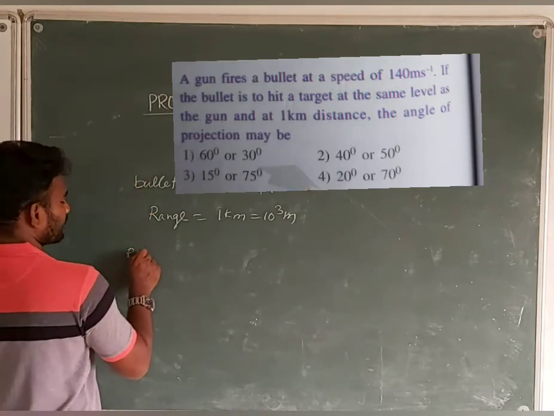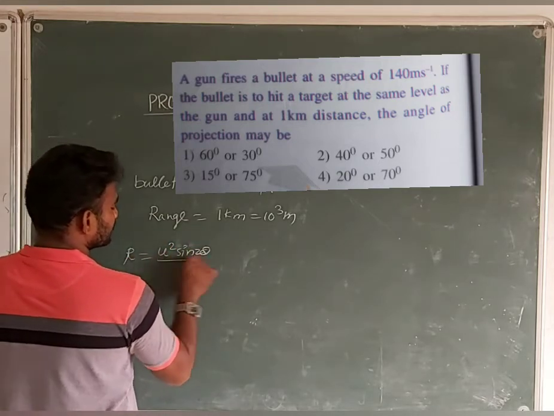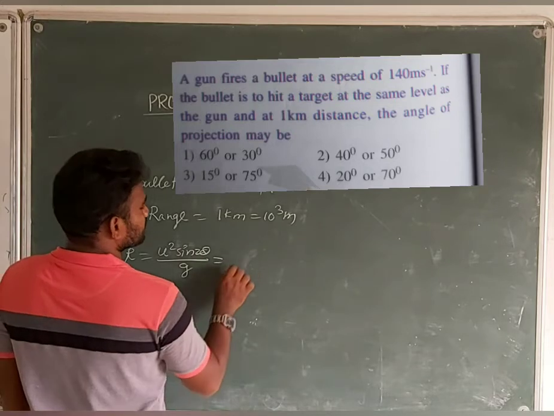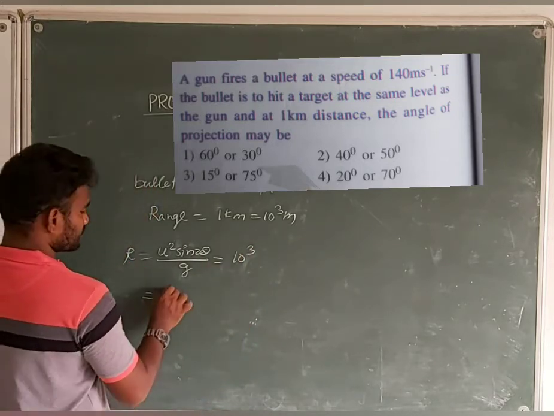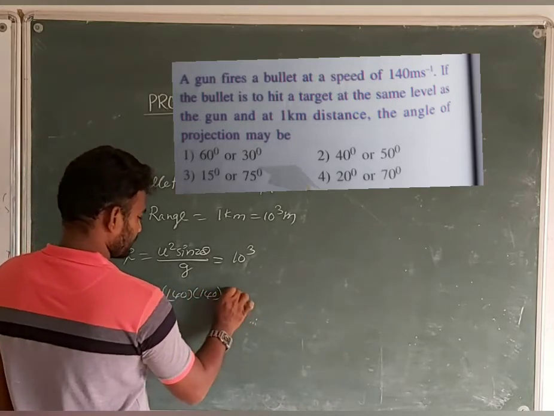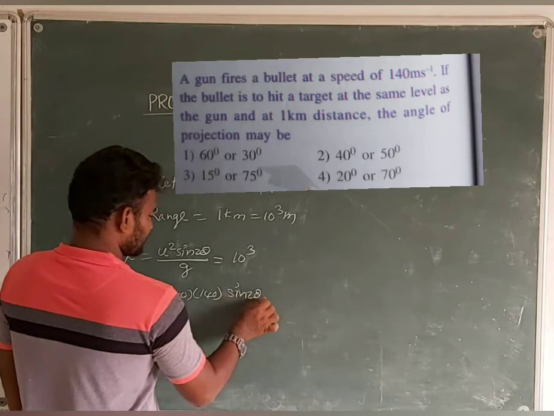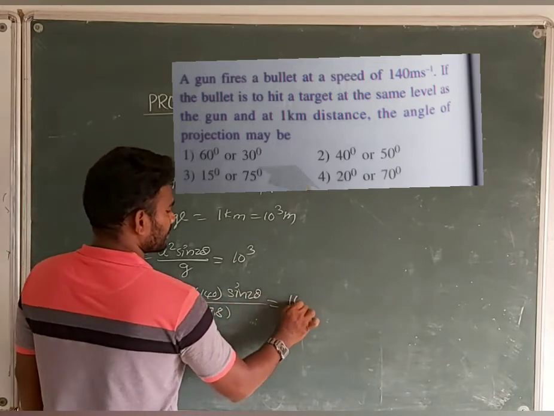If you want to find the angle of projection, range is u square sine 2 theta divided by g, that must be equal to 10 power 3, 1000. u square means what, students? 140 into 140 into sine 2 theta by 9.8 is equal to 10 power 3.